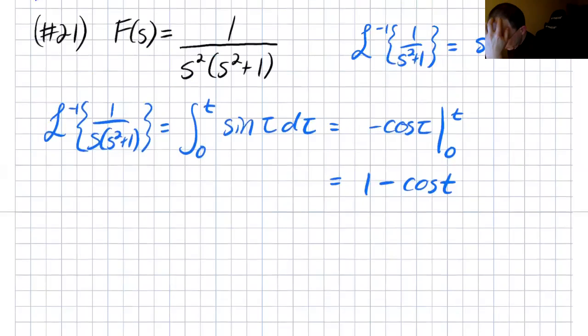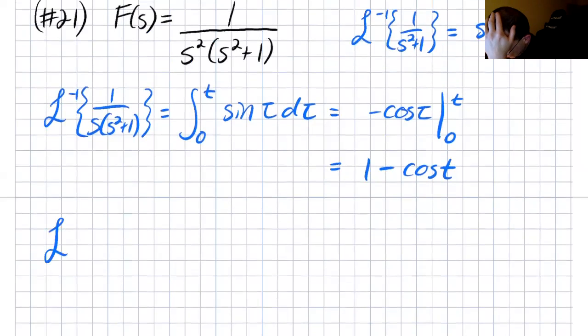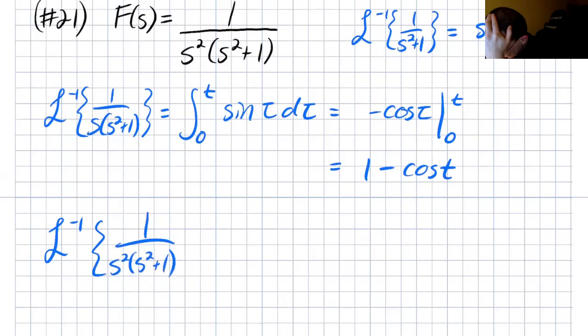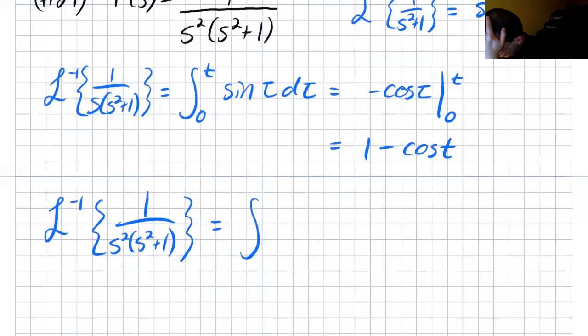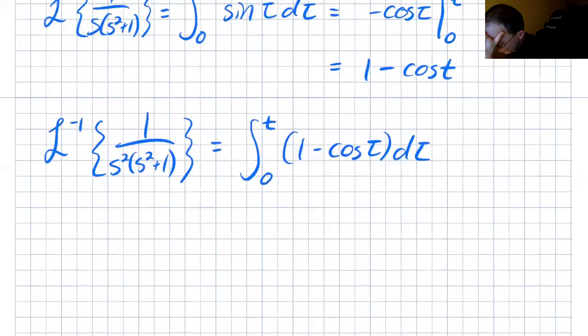Okay, so now if we want to get this one, so s squared, we will integrate that function from 0 to t, 1 minus cosine tau d tau.